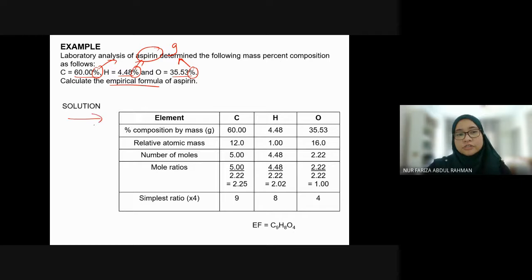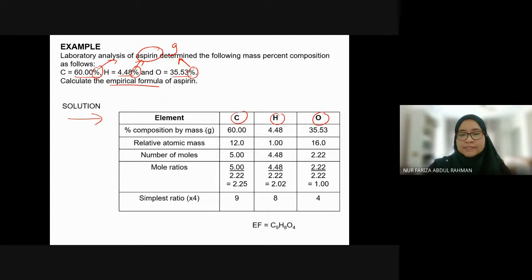So use a table. Construct a table in order to find the empirical formula, because using a table is more structured. We examiners prefer students to use a table for the empirical formula calculation. So you have the elements, and for the columns you have all the constituents, carbon, hydrogen, and oxygen.